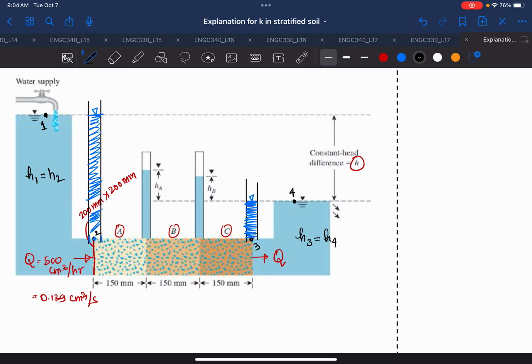And now the question is, if the water flows from this point, the start of your soil, till the end of the soil, what is the head difference? And we take this as your datum.